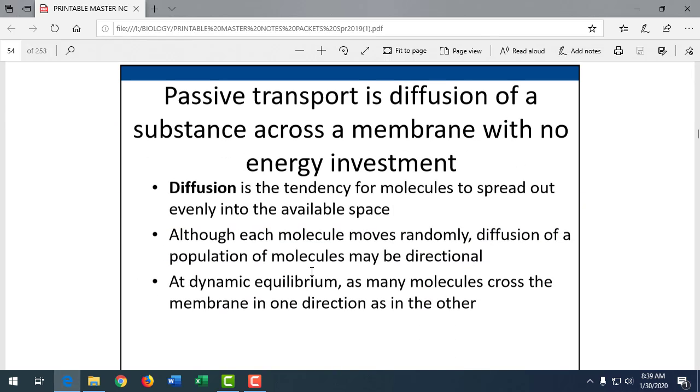So when we talk about transport that is not requiring ATP energy, we call it passive. If something is passive, it means energy is not required. No ATP required. So diffusion is a passive transport process whereby things move from high concentration to low concentration. And you've experienced this before.